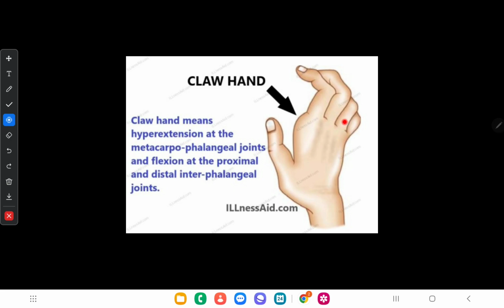That means the medial two lumbricals, all interossei muscles, and adductor pollicis muscle are paralyzed, but the medial half of flexor digitorum profundus and flexor carpi ulnaris are intact. Therefore, there is flexion of the interphalangeal joints, but loss of extension of the interphalangeal joints due to paralysis of the lumbricals.